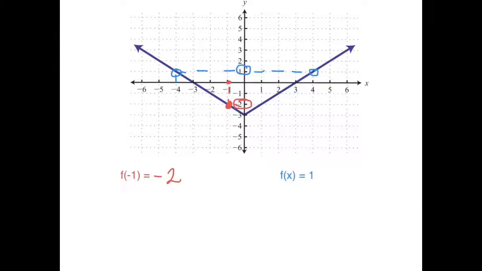One of them being an x of negative 4. But then we have another option, which is x positive 4. What this means is that with an x of negative 4, I will get a y value or a function value of 1, as well as with an x of 4, plug it into the function, I will get a function value of 1.